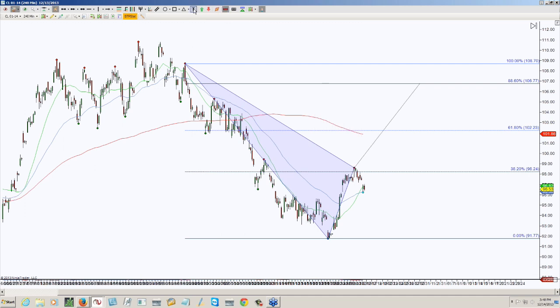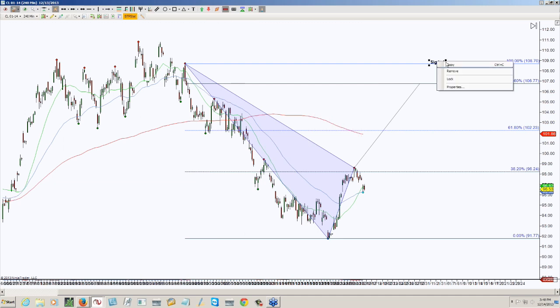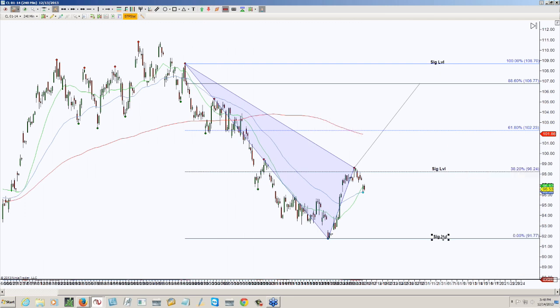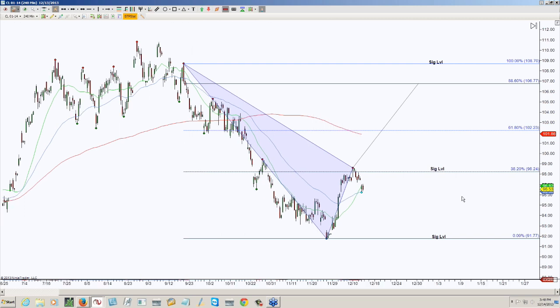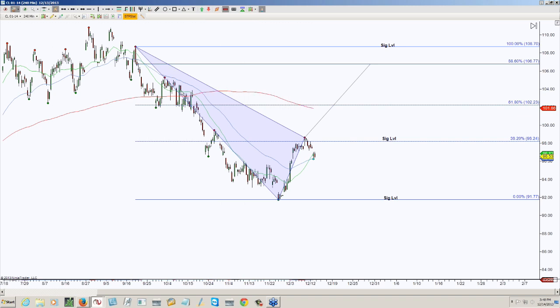Now, I have 3 significant levels, the 3 points of the triangle. And the line in the sand between an ABCD and this current emerging bat is going to be this low.